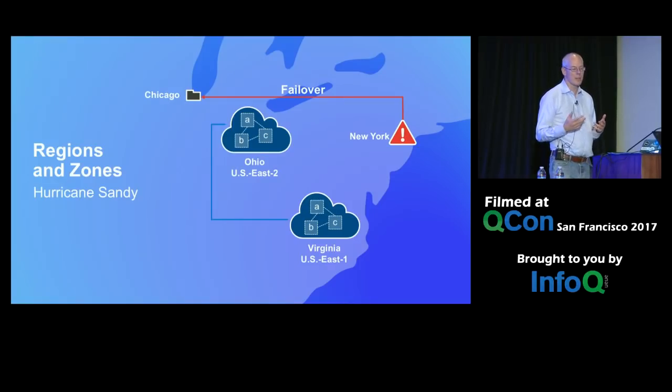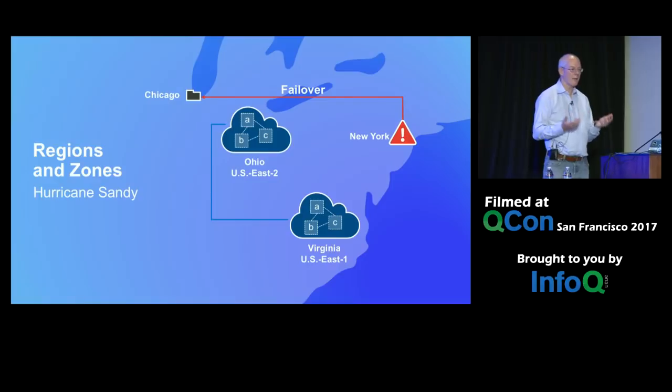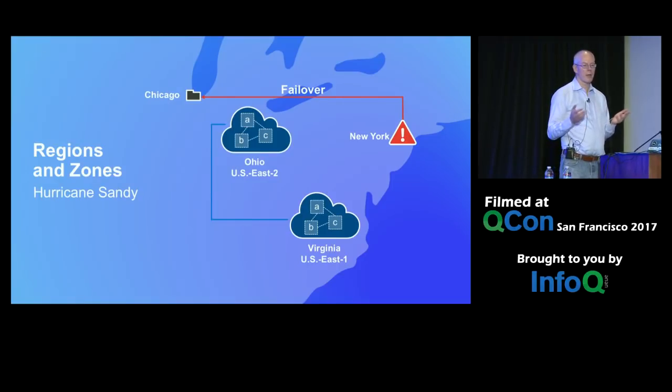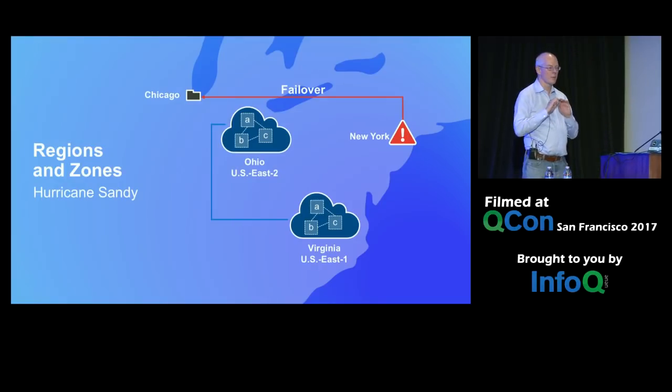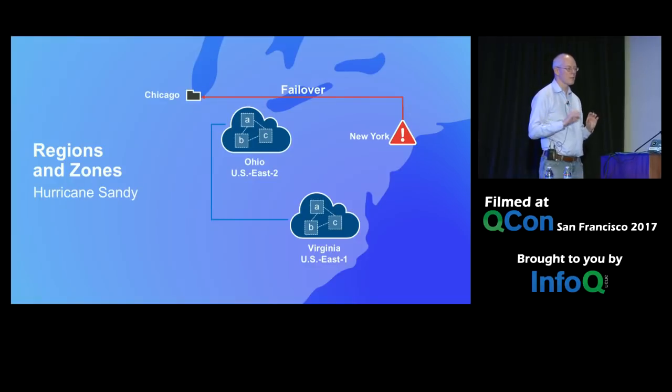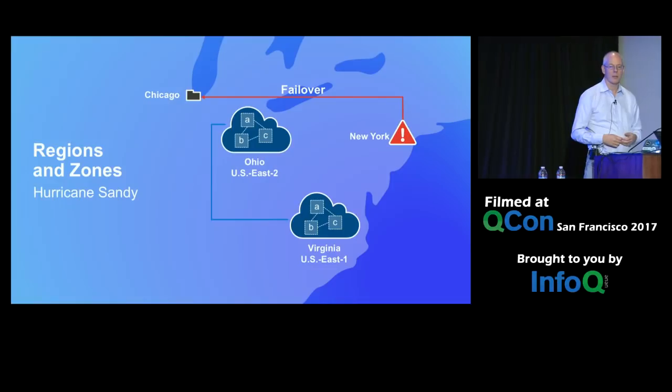The zones are between 10 and 100 kilometers apart, so they're not in the same floodplain, they're not in the same blast or fire area. They're far enough apart, but close enough together for synchronous replication. That's why the zones are no more than 100 kilometers apart. So you write stuff, you want it to go to all three zones, you don't have to wait. But across regions, there's more latency. It's typically asynchronous.